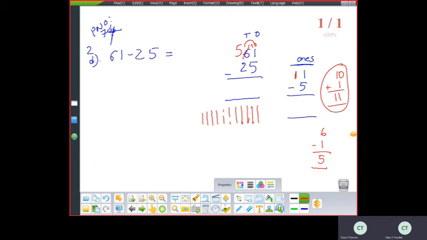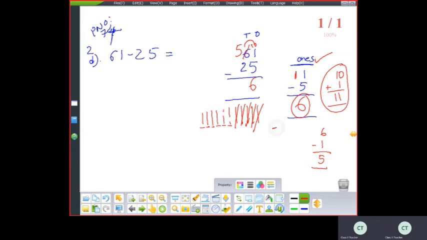From 11 lines we cut 5 lines: 1, 2, 3, 4, 5. After cutting 5 lines from 11 lines, the remaining lines are 1, 2, 3, 4, 5, 6. 11 minus 5 is 6. This answer 6 we write in the 1 place.